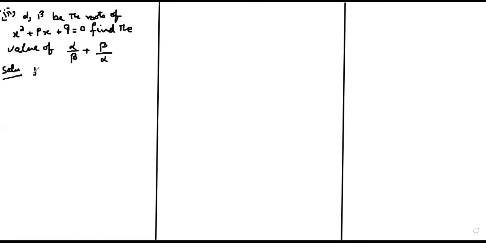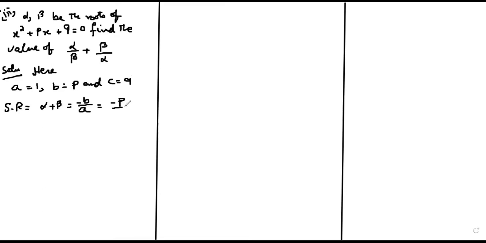So the solution starts the same. Here a equals to 1, b equals to p, and c equals to q, right? So sum of the roots equals to alpha plus beta, which is equals to minus b over a, which is equals to minus p over 1, right?